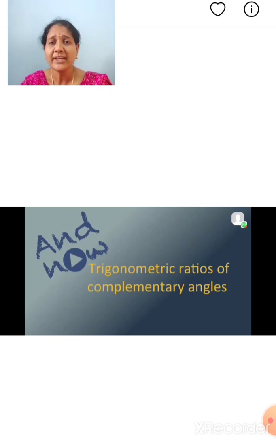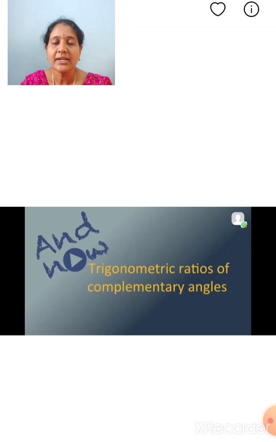Or it may be 45 degrees and 45 degrees, or 30 degrees and 60 degrees. If you add the two, you get 90 degrees. Those angles are called complementary angles. You learned that in 9th class. So now we are moving to trigonometric ratios of complementary angles.